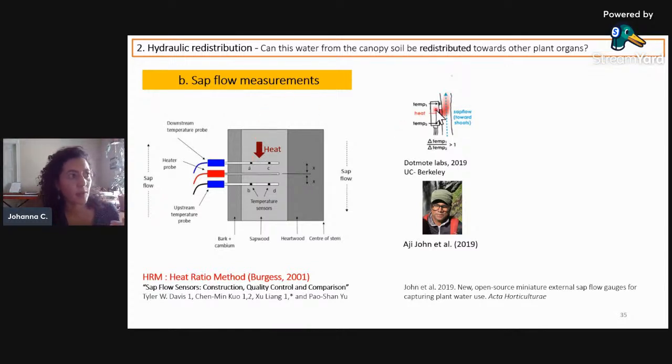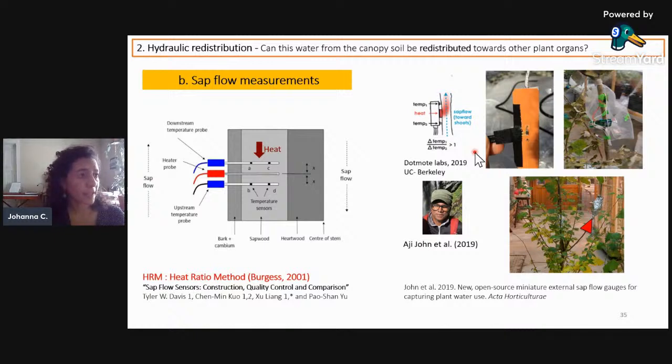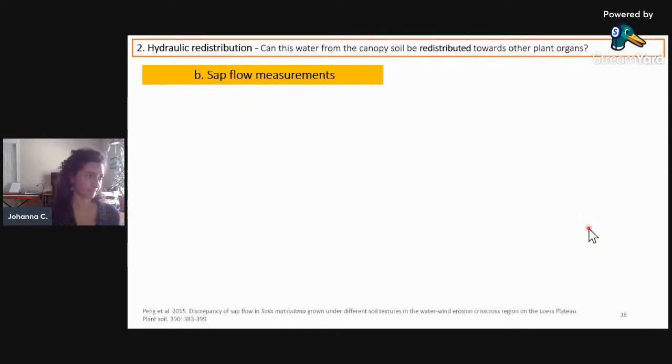In this case, they were only touching the trunk by physical contact. And so we set up all these probes in our trees in the greenhouse, right below the canopy soil, and we got these results.